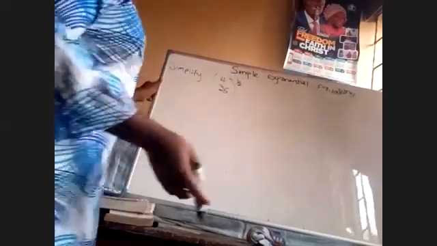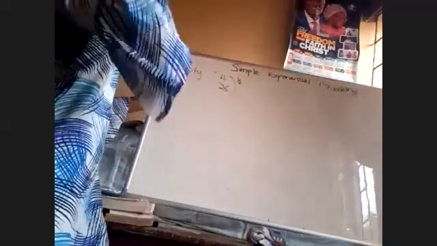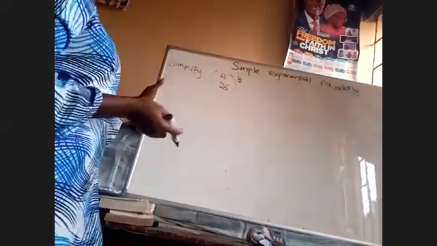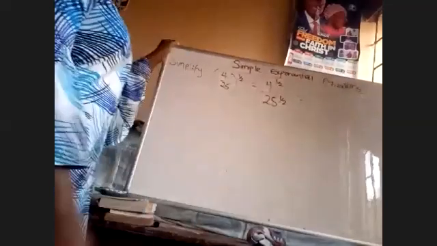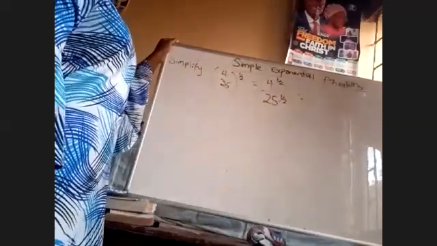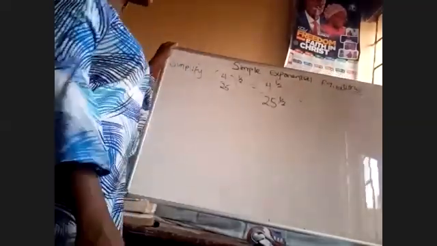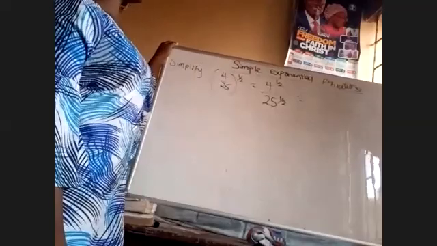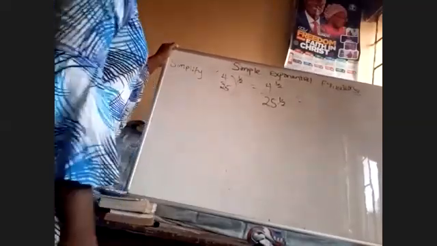If we are asked to simplify something like this, 4 over 25 raised to power of half. Note that this power of half belongs to both sides, both the numerator and the denominator. And I explained when we have fractional indices, you break down your base into a base and a power, whereby the power is similar to the denominator of the initial base we have.